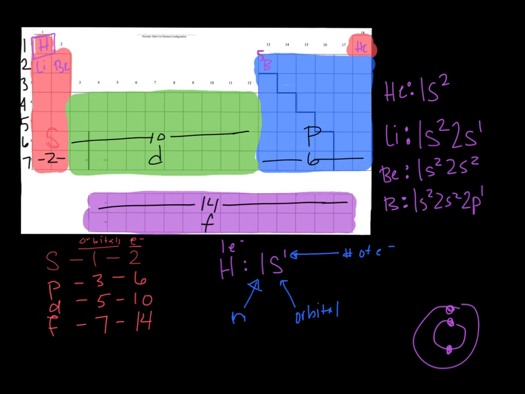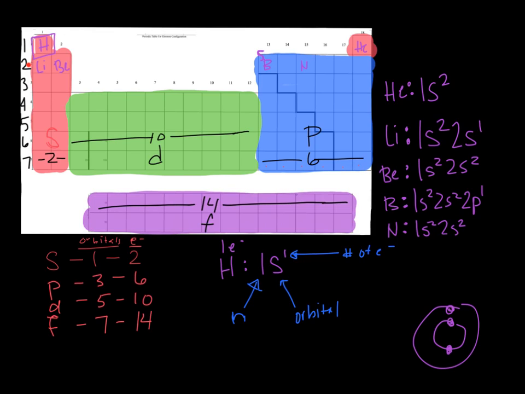All right, and so let's do nitrogen next. And so we start from the beginning. We'd have 1s2, and then we would have 2s2, and then we would have 2p, right?